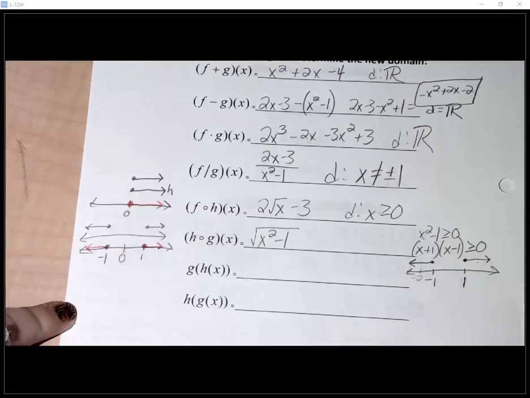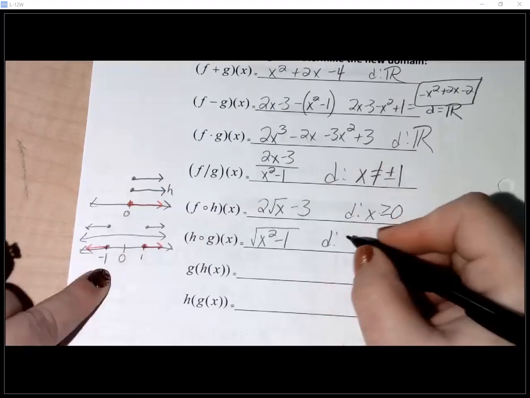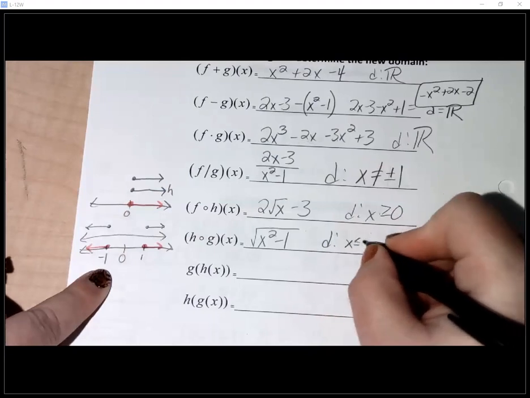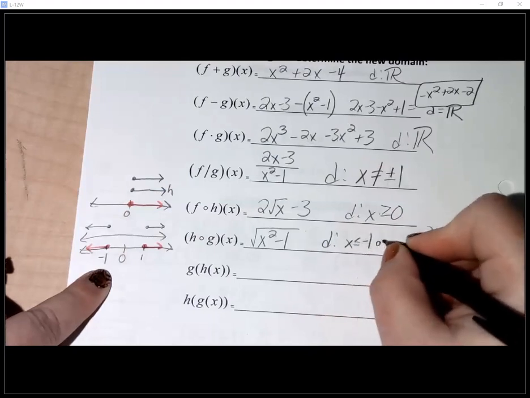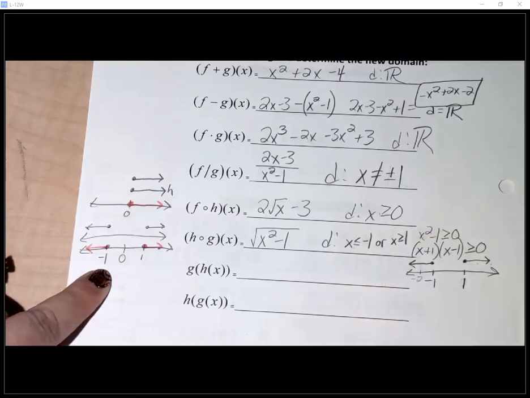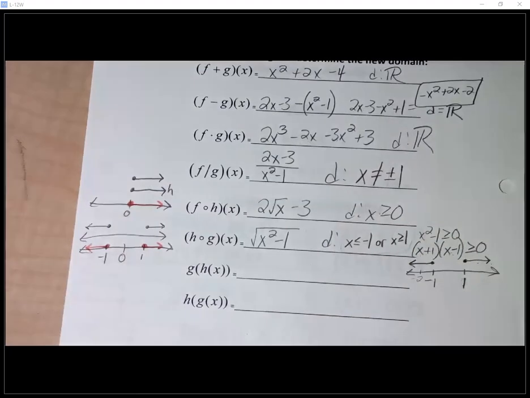Does that make sense? Be careful. Look at what you put. So how do we write this? You need x to be less than or equal to -1, or x to be greater than or equal to +1. You should not have written this as one big block, like when we do ands, because there is no number that's less than -1 and greater than 1 at the same time.